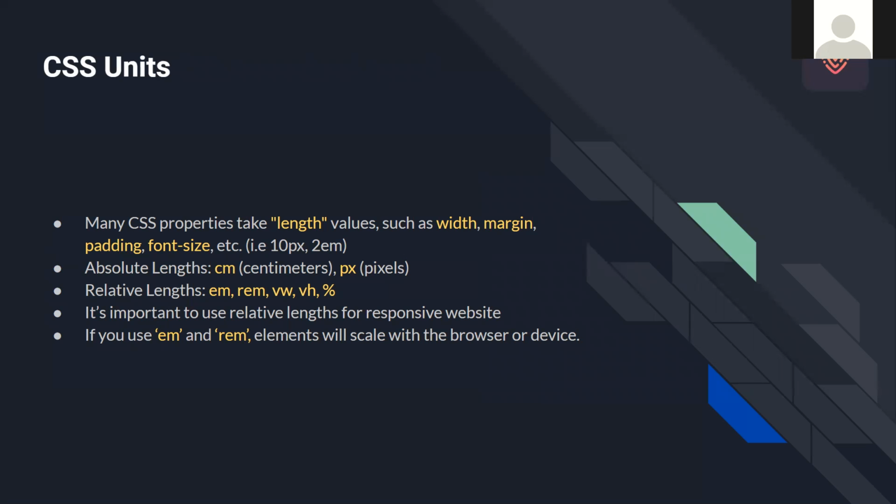It will not be bigger or smaller. There are also relative lengths: em, rem, vw, vh, and percentage. We use percentage, but we haven't used the rest. Those are also important for responsive web design.